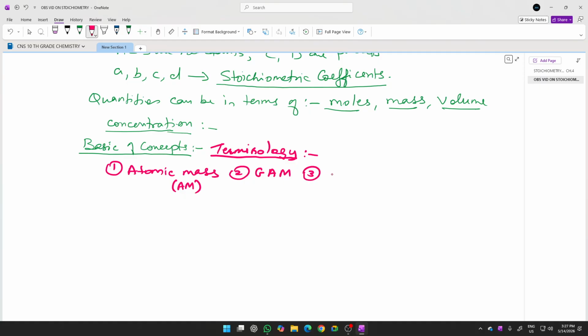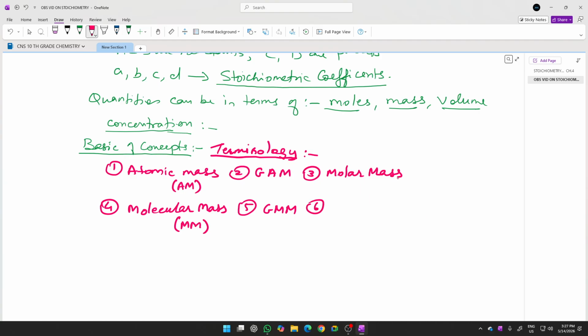Third is molar mass. Fourth is molecular mass, like atomic mass, you have molecular mass, MM. Fifth is gram molecular mass, GMM.